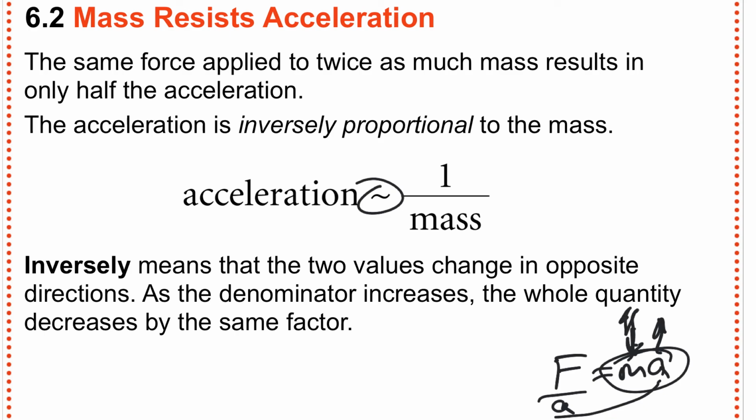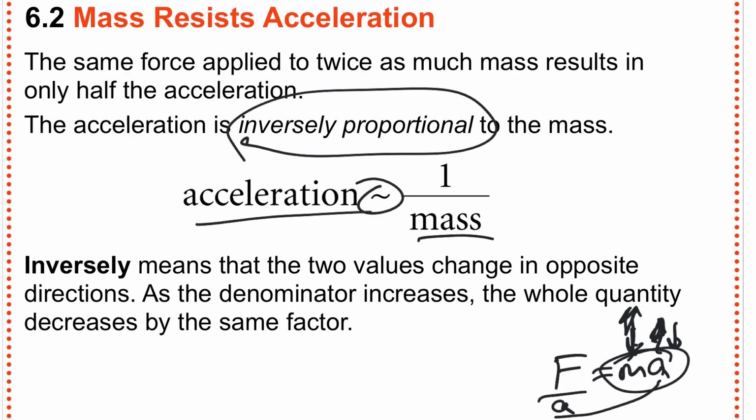If mass goes up, my acceleration goes down at the same force. Okay, so inversely proportional, you need to know that term. Inversely proportional means as one goes up, the other goes down. And the mathematical way to say inversely proportional is acceleration is directly proportional to 1 over the mass. That's the same as saying that the mass and acceleration are inversely proportional to each other.